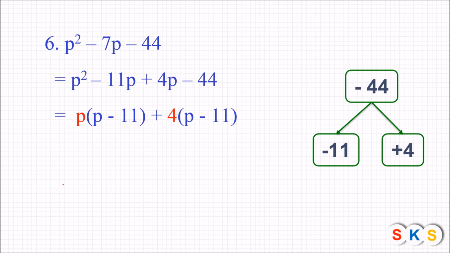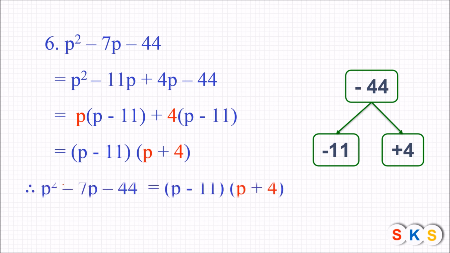Now what is common in these two groups? P minus 11. And what is uncommon here? P plus 4. So in the first bracket we will write p minus 11. In the second bracket we will write p plus 4. Therefore p square minus 7p minus 44 is equal to p minus 11 into p plus 4.